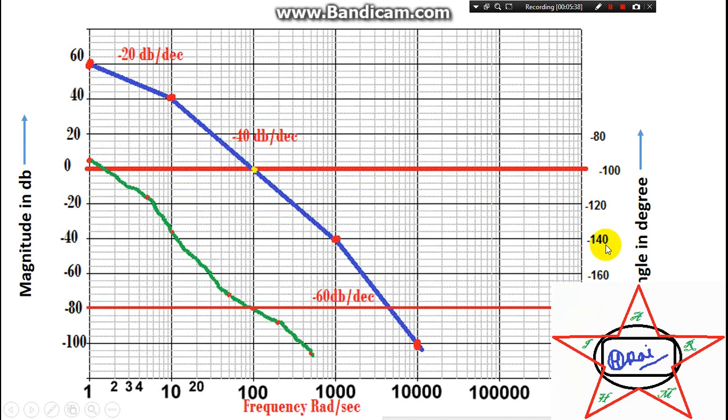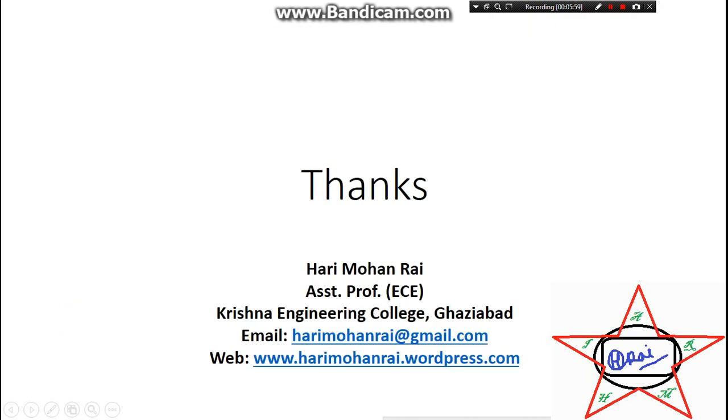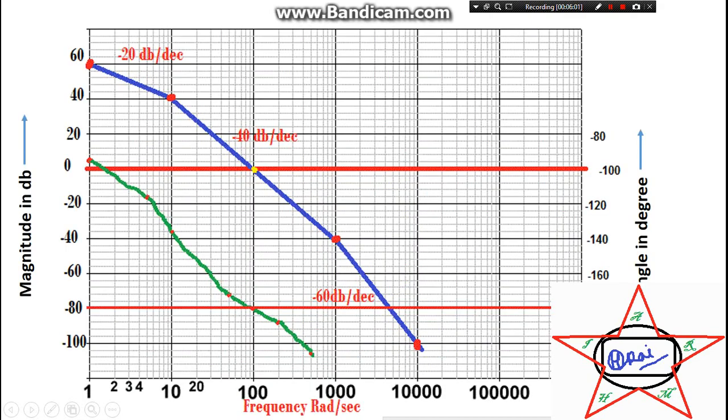It will be negative, because we have all negative values, so I consider negative here, and you put in a decreasing order: minus 220, minus 200, minus 180, minus 160, minus 140, minus 120, minus 100, and minus 80. I have taken a 20 degree gap between these values just to adjust all the minimum and maximum values.